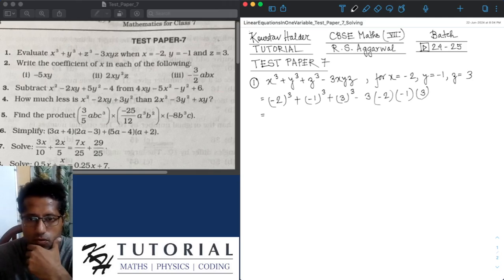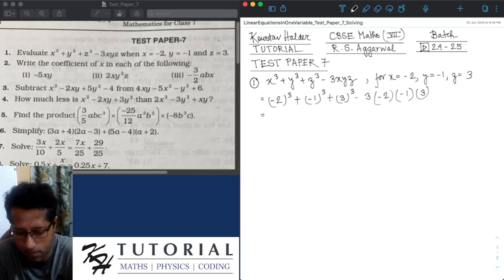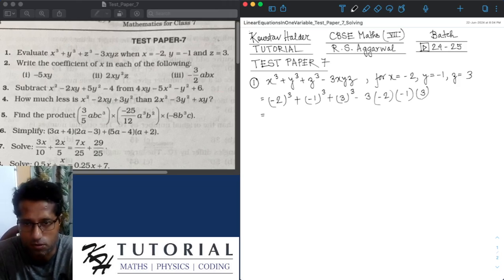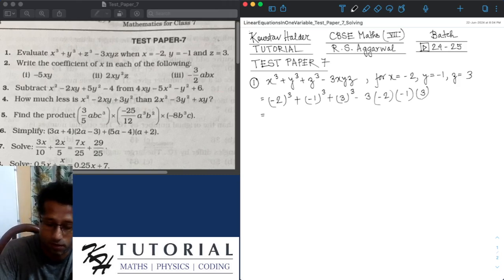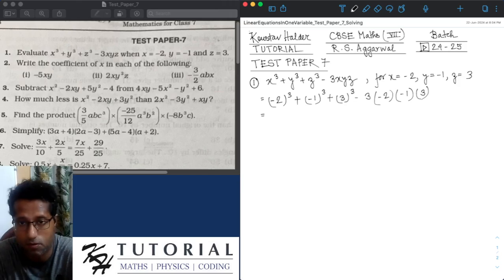So minus 2 cube is minus 8, because 2 cube is 8, and the base minus 2 is negative but the power is odd. For a number in exponential form, if the power is odd and the base is negative, the final value is negative. So this will be negative of 2 cube, that is minus 8.